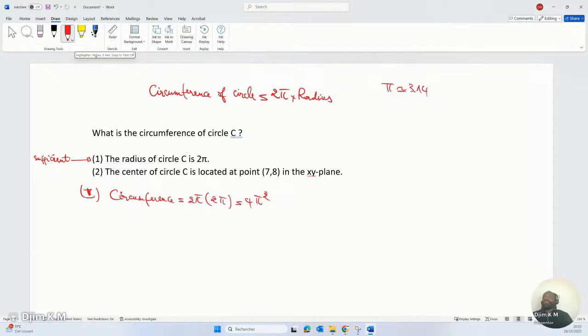The center of the circle is located at a point on the plane.